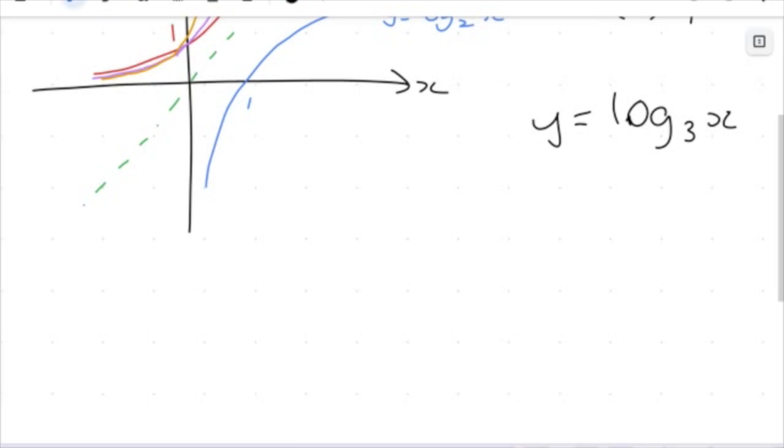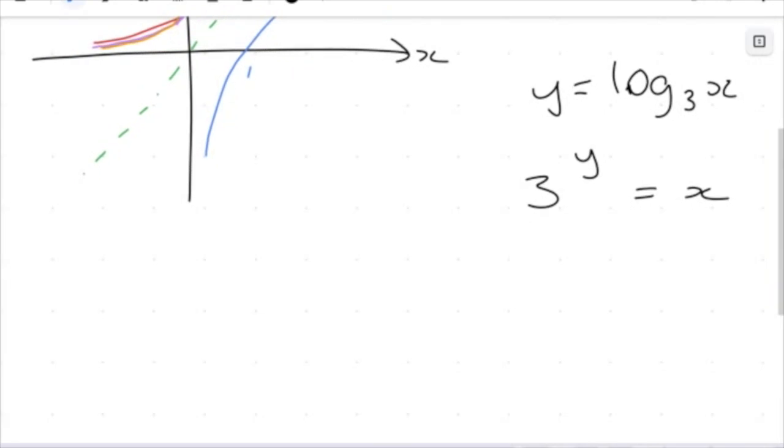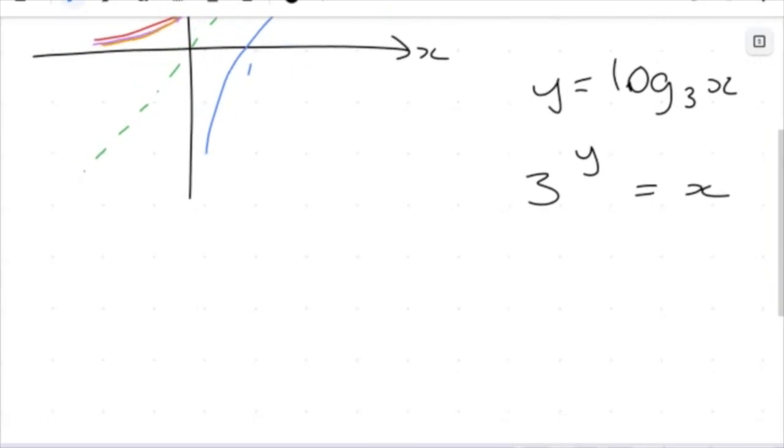And we drew up this table of values by writing this thing in log form in exponential form. So we've got our base here, we've got our power, and we've got our answer that we get, the subject. So this is going to become 3 to the power of y equals x. So this is something that we have done before.